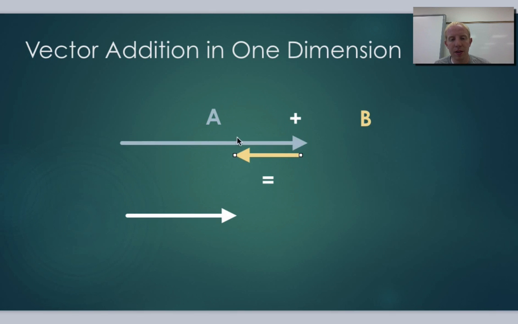This vector right here on the bottom is this distance minus that distance, or this vector minus that vector, and so it should be about that same length. So when you have vectors in opposite directions, you're basically just subtracting the arrows from each other. And that explains our two problems we just did.